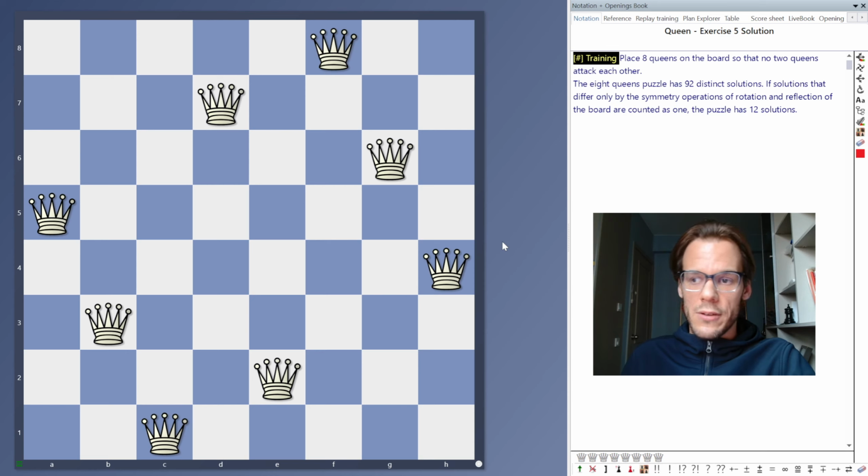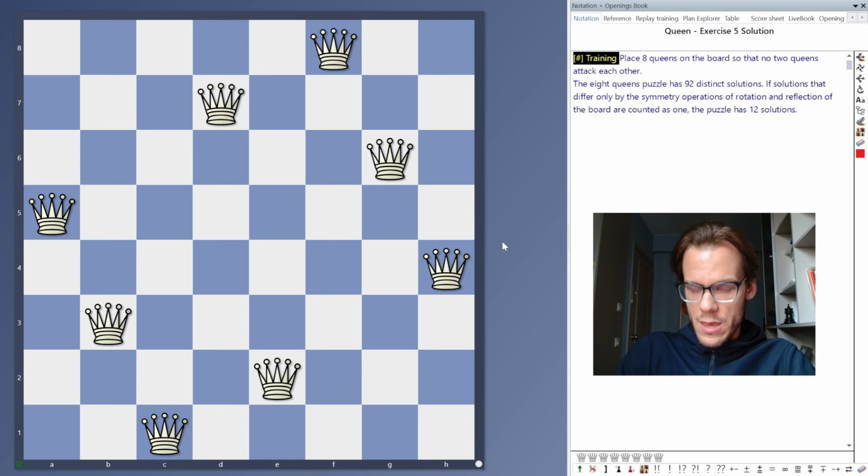So this is one of them. This puzzle has 92 actually distinct solutions if we don't count the symmetry operations of reflection and rotation of the board.